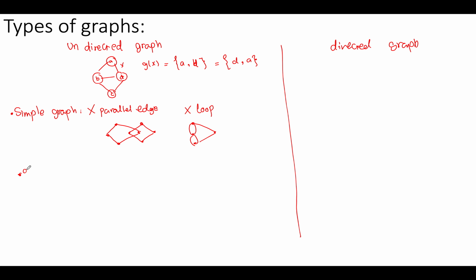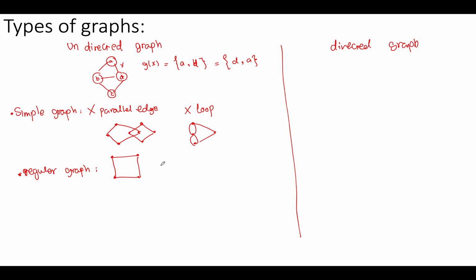The second type is the regular graph, where each vertex in a graph has the same degree. For example, the following graph is considered a regular graph because this vertex is degree 2 and the following vertex is degree 2, this one also, and this one also. We name a regular graph by the degree followed by regular graph.